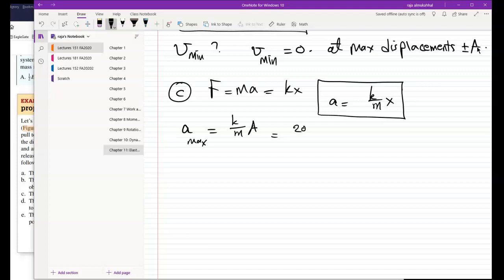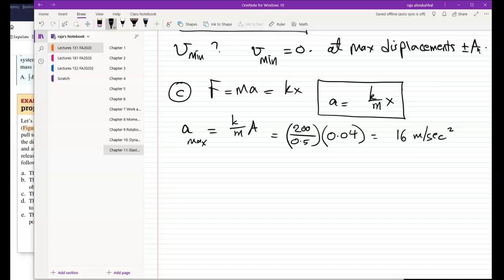I have 200 over 0.5 times the maximum displacement, which he said is 0.04 meters, right? When I calculate 200 divided by 0.5 times 0.04, I got 16 meters per second squared.